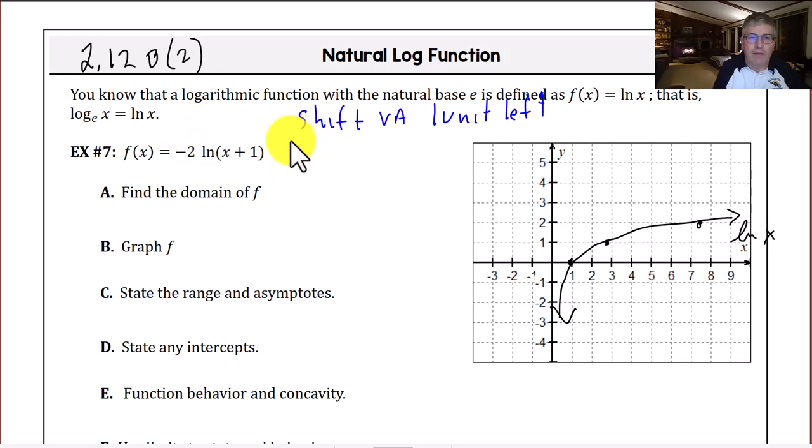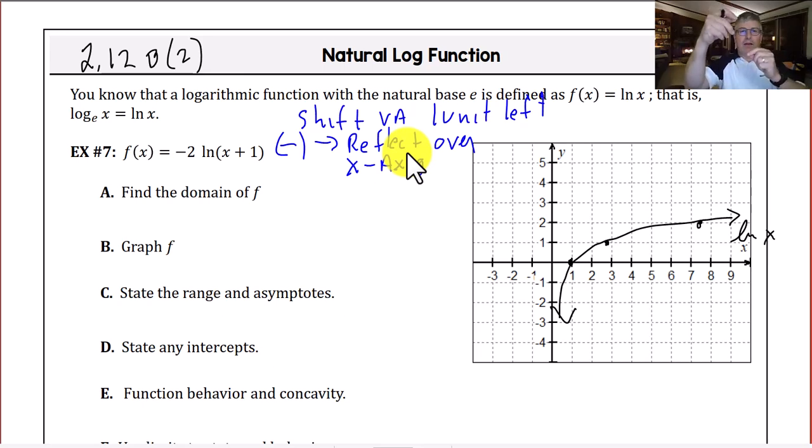And then the -2, the negative is on the y, so this is going to be a reflection over the x-axis. That -2 is a y change, so we're moving along the y-axis. We're going to reflect over the y-axis, or over the x-axis, I beg your pardon.